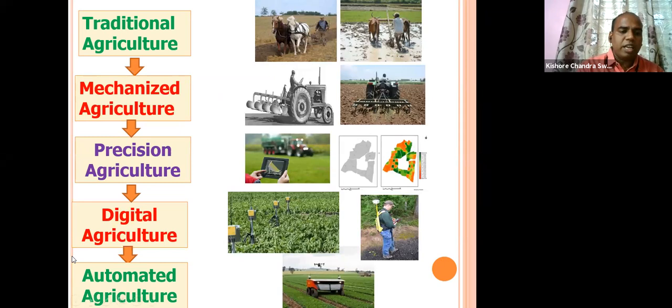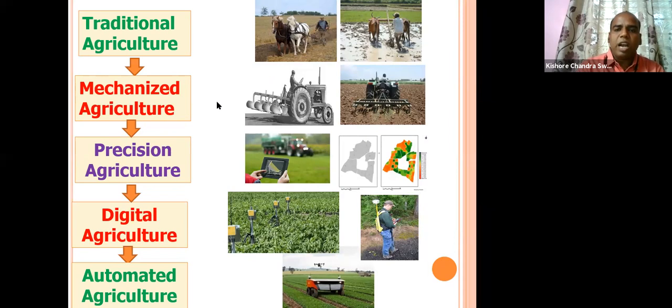If you see the traditional agriculture system, we have traditional agriculture in the past where we practice agriculture with the bullocks, and in developed countries they do agriculture with the horses. Then they go to mechanized agriculture where they start using different machineries.